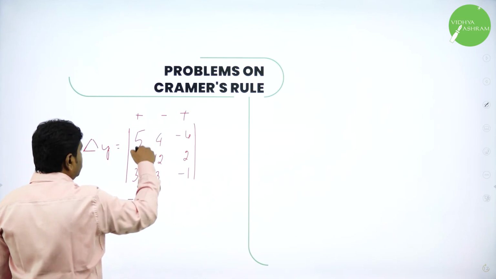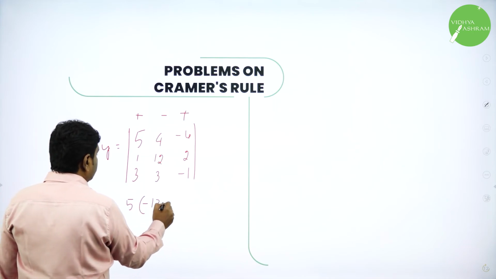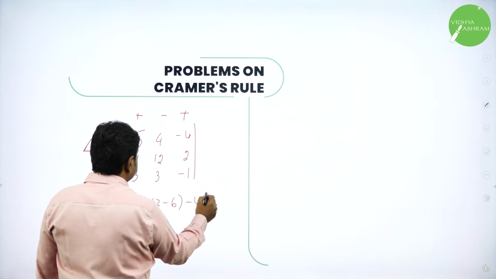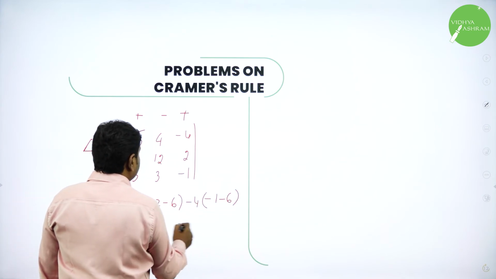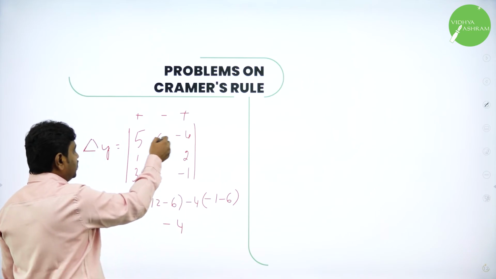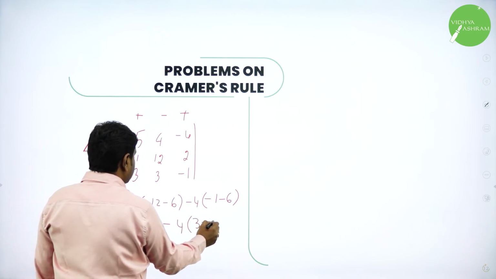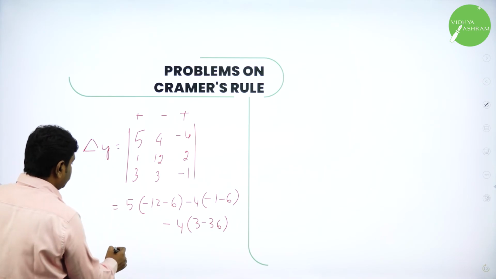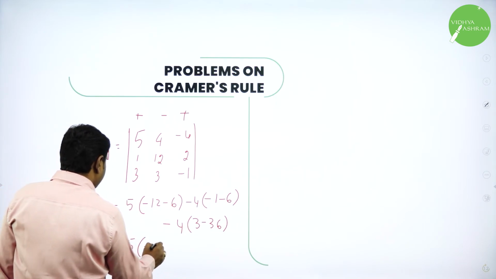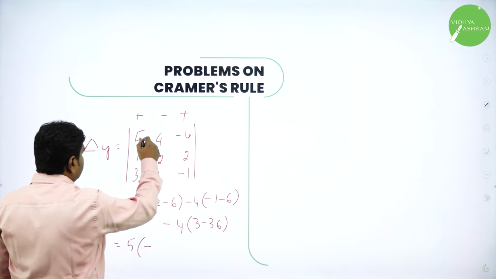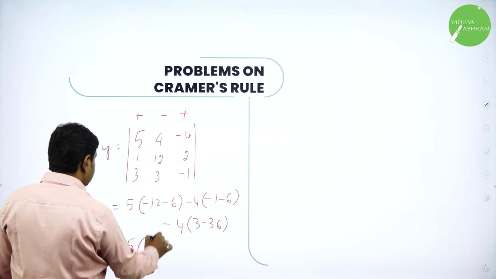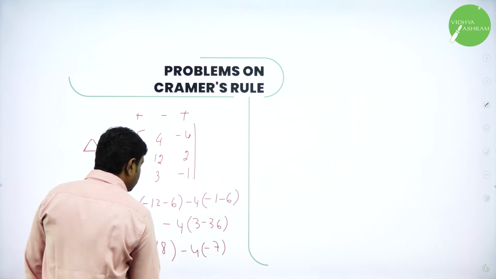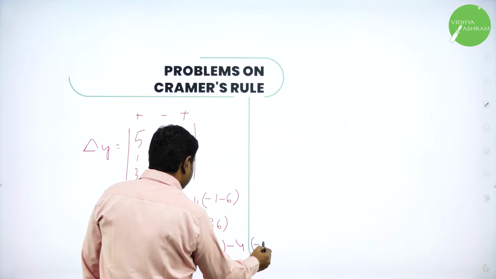That is 5 into, delete this, so -12 minus 6, minus 4 into, delete this, -1 minus 6, minus 4 into, delete this, so it will become 3 minus 36. Now simplify this. After deleting these two, you will get -12 minus 6, that is -18, minus 4 into -7, minus 4 into -33.